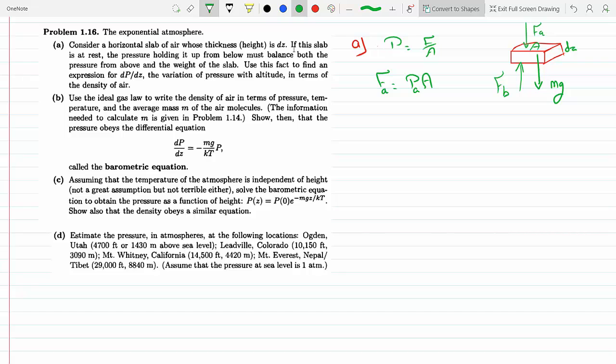And so we know that if this is in static equilibrium, the sum of the forces downwards has to equal the sum of forces upwards. So FA plus mg has to equal FB.